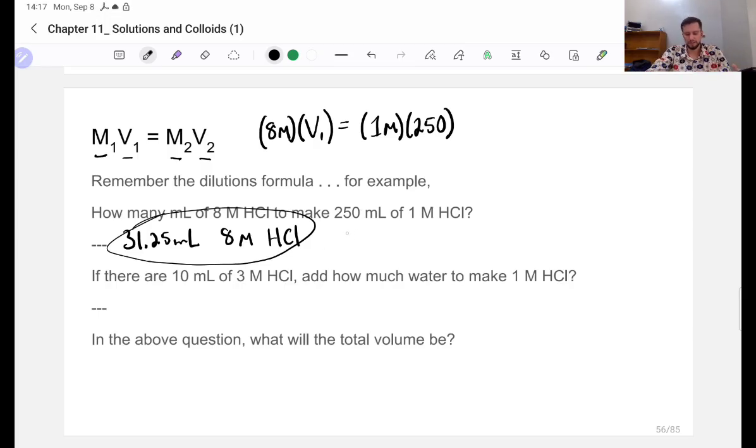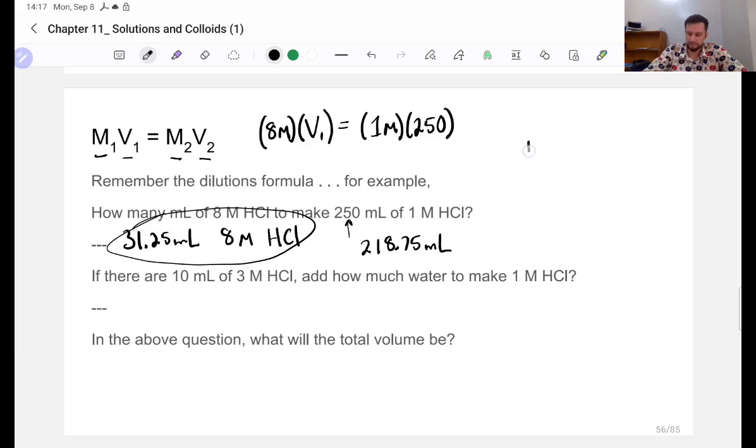In this case, there's 250 milliliters of final volume, so you'd be adding about 218.75 milliliters of water. I say about because we'll hopefully do at least one lab where you use a volumetric flask.